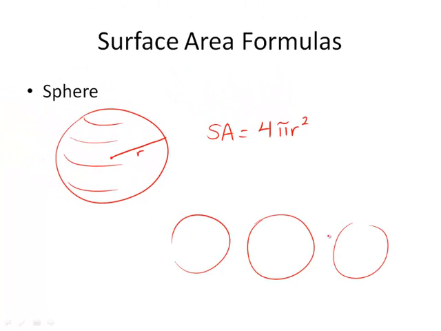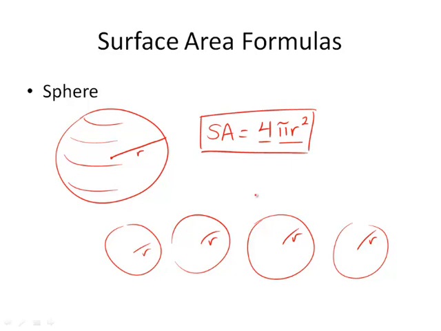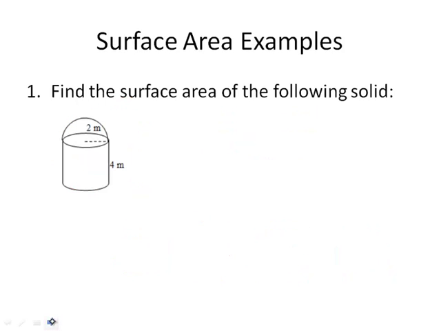If you had 4 circles with that same radius, the orange peel should fit into all four of these circles. So that is the formula for surface area of a sphere. That's probably one of the formulas you'll just need to commit to memory.